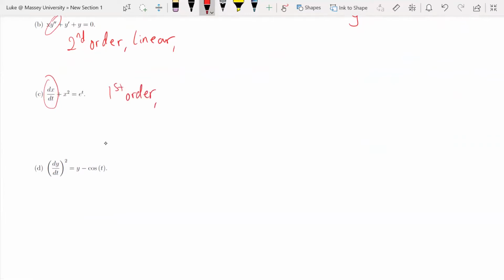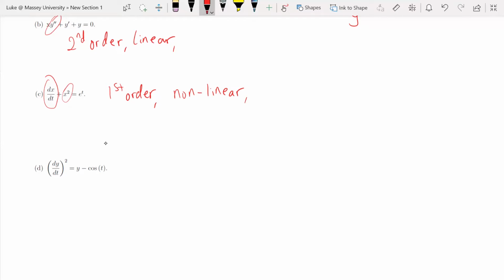C, again, first order. Is this linear or nonlinear? It's actually nonlinear, and that's because the independent variable here is t, the dependent variable is x, and we have a nonlinear term here in x, an x squared. But it is first order.